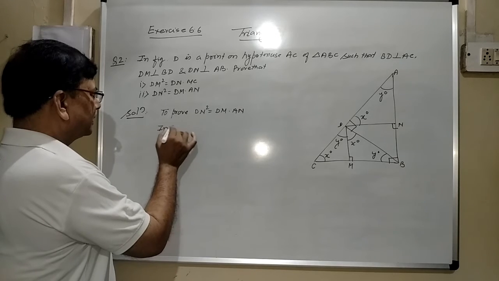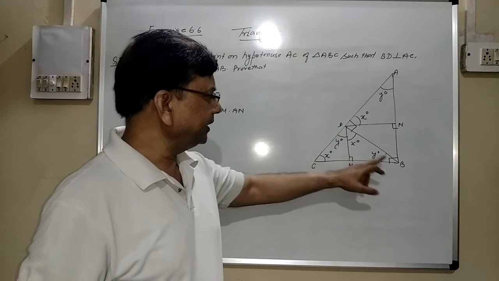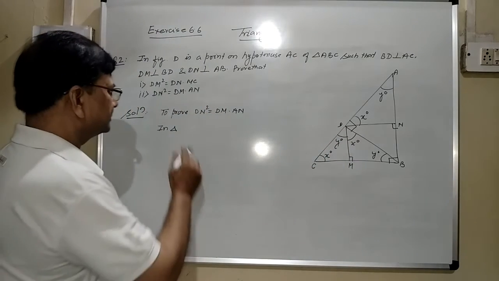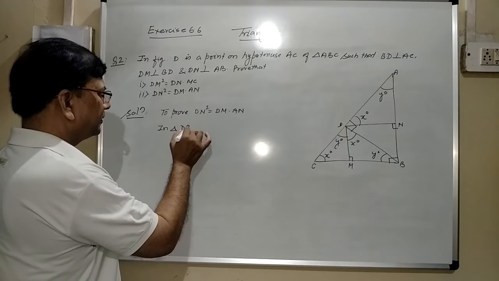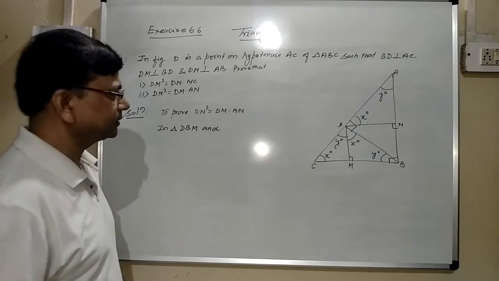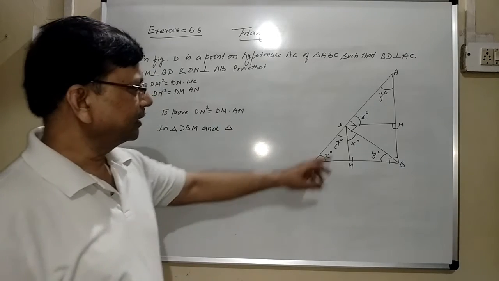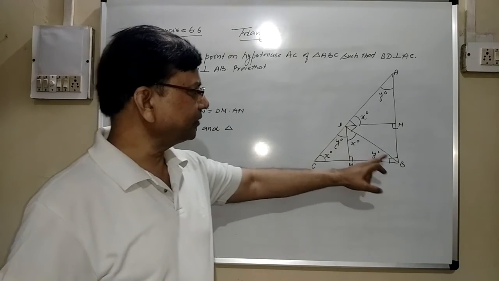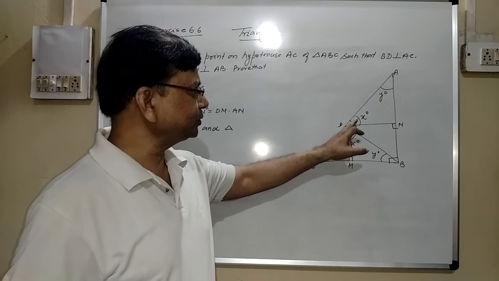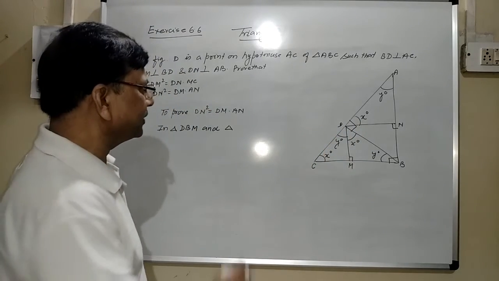Now in triangle DBM and triangle DAN, this vertex of this triangle corresponds to same x, it is here, so it corresponds to D only.